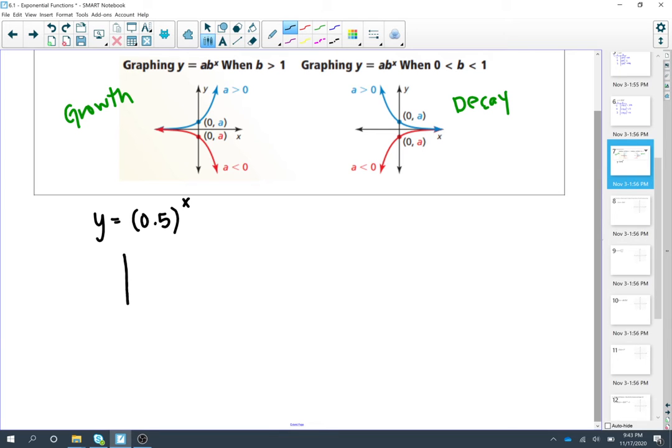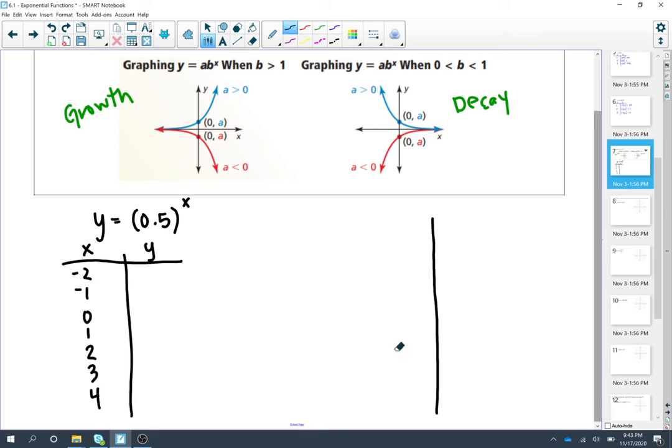In order to graph this and get a look at what it's going to look like, we're going to make a table, x, y. In our table, let's put -2, -1, 0, 1, 2, 3, 4, and we'll call that good for now. Then I'm going to go over here, -1, 2, 3, 4, 5, 1, 2, 3, 4, 5.